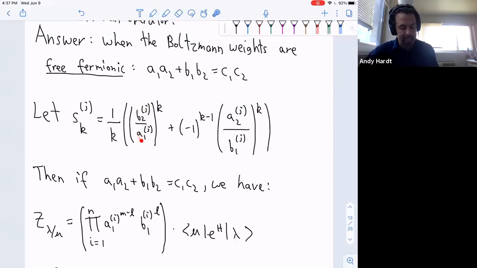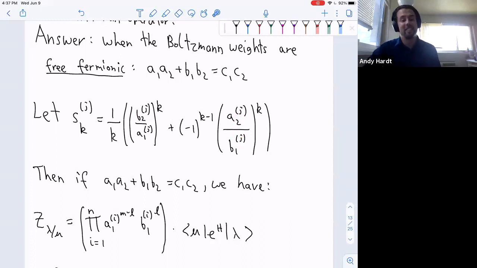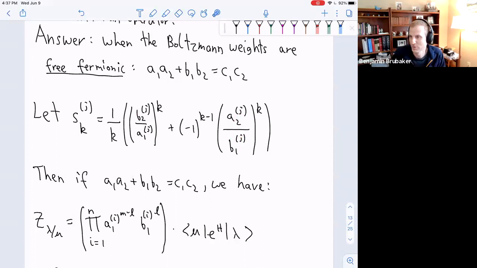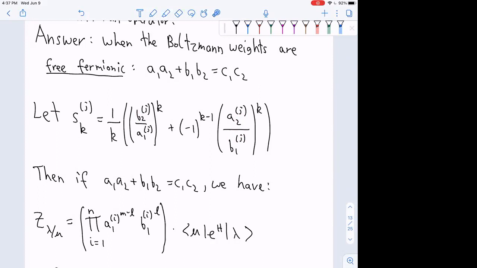It's just x_j is this, y_j is this. I mean, the weights could themselves be ugly, and then it'd be a supersymmetric Schur function in some horrible thing. That's true. I guess maybe then a way to say it would be if we wanted to parameterize free fermionic sets of Boltzmann weights, we could do that by the supersymmetric Schur functions. You can.